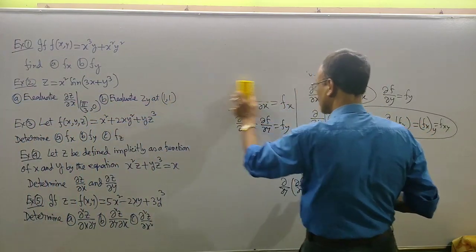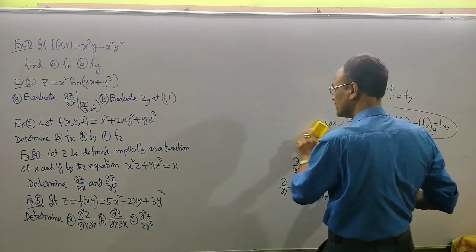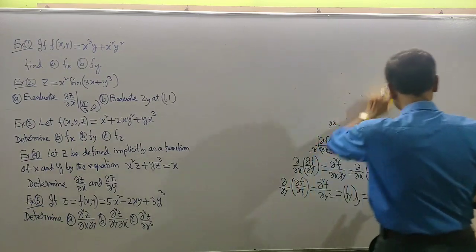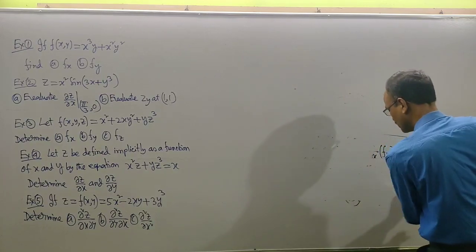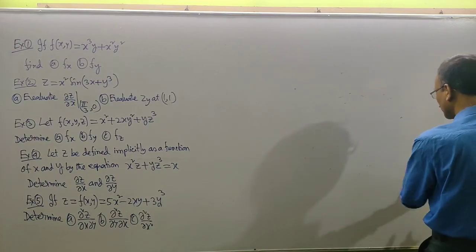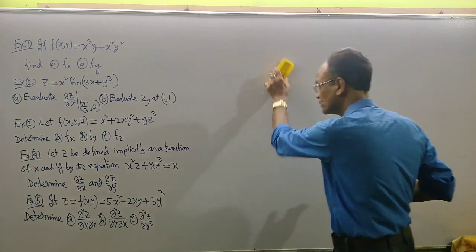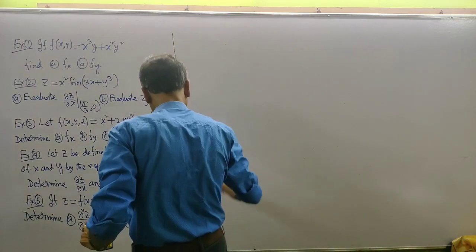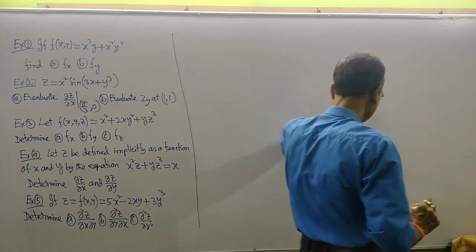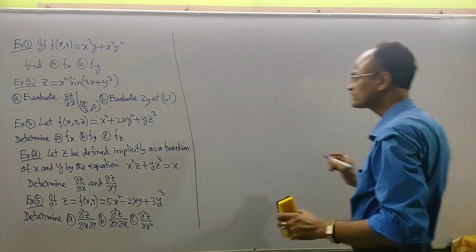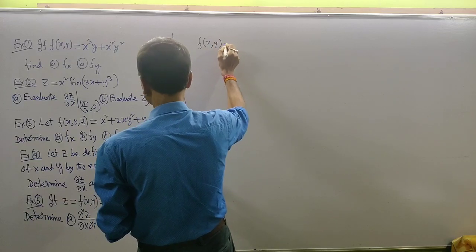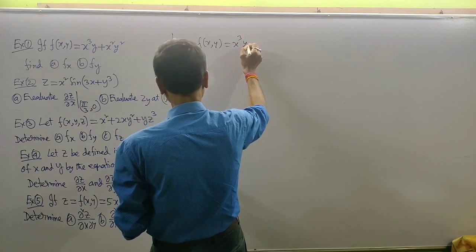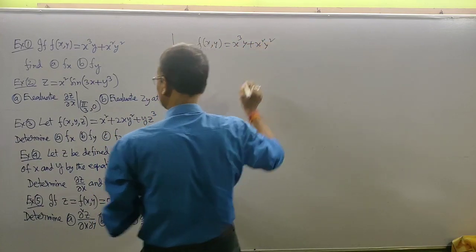That's the concept we will get. Now number one. F of xy equal to x cube y plus x square y square.